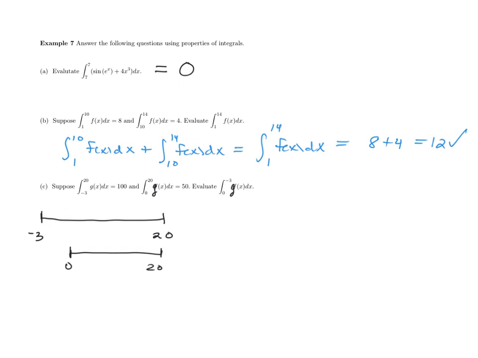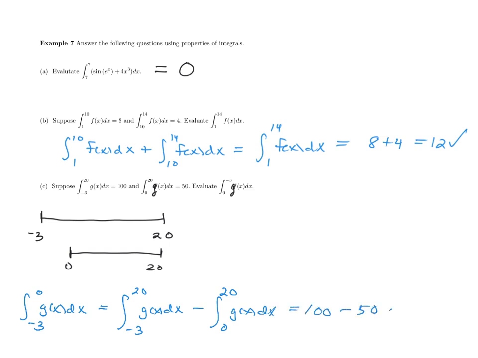For this reason, we can say the definite integral from -3 to 0 of our function g of x should be equal to the integral from -3 to 20 of g of x dx minus the integral from 0 to 20 of g of x dx. The first one's 100. The second one is 50, meaning the net result is 50.